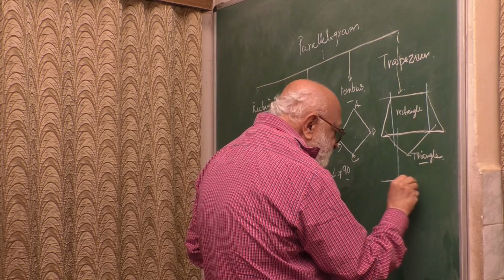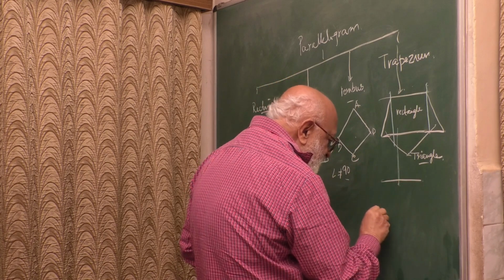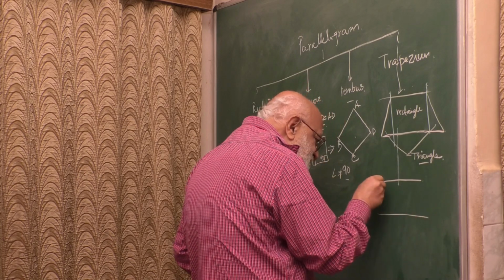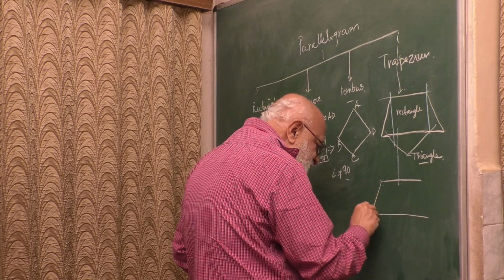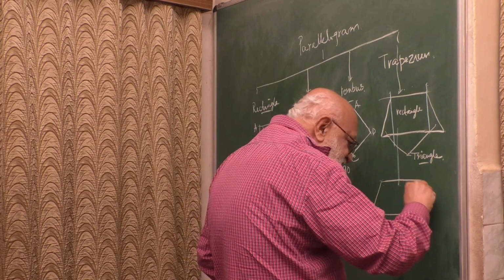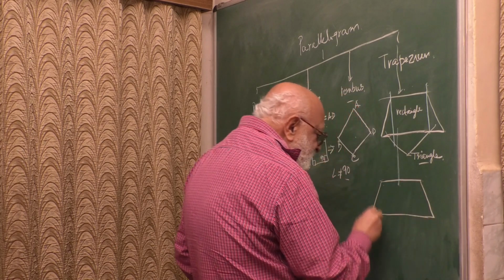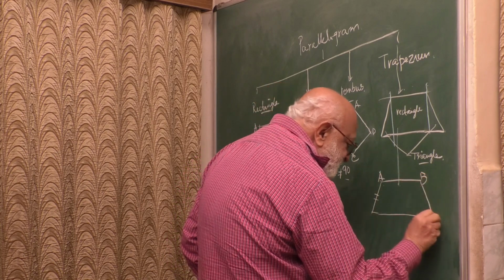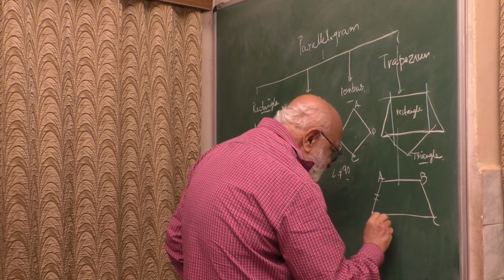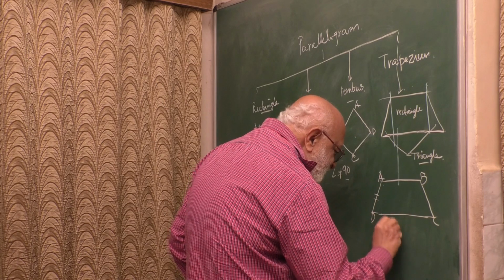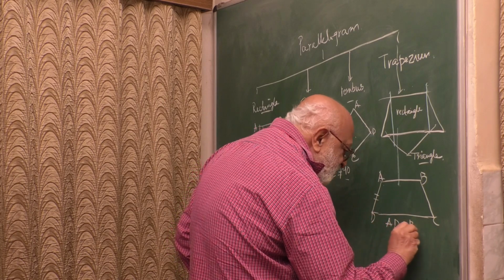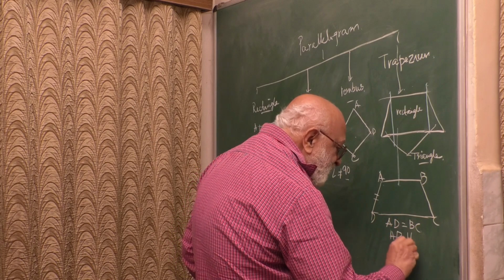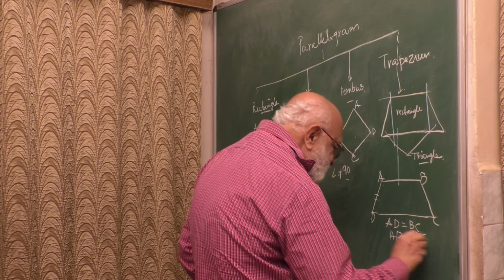Here the 2 sides are parallel, and these 2 are not parallel, but these sides are equal. So let's say A, B, C, D: AD is equal to BC, and AB is parallel to CD.